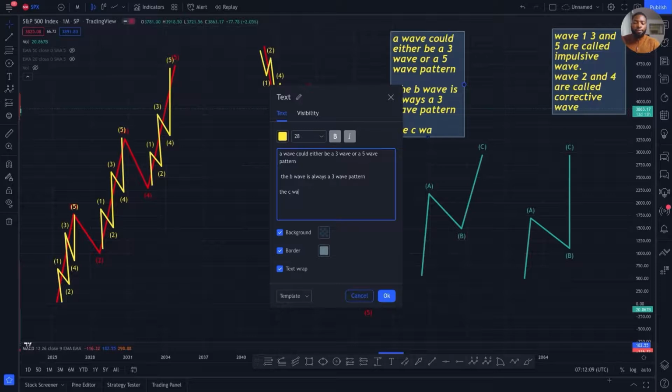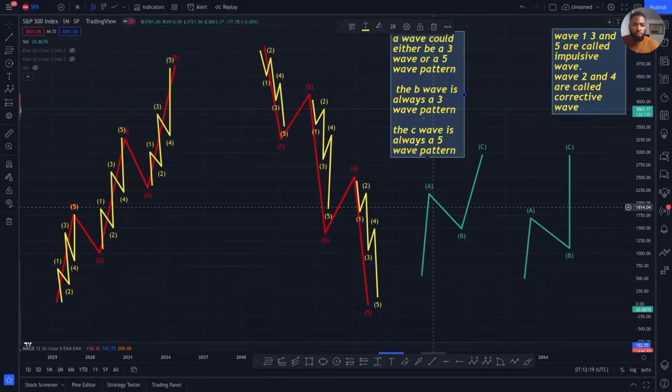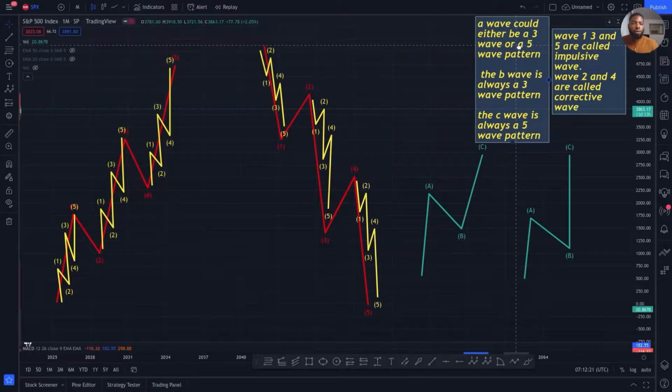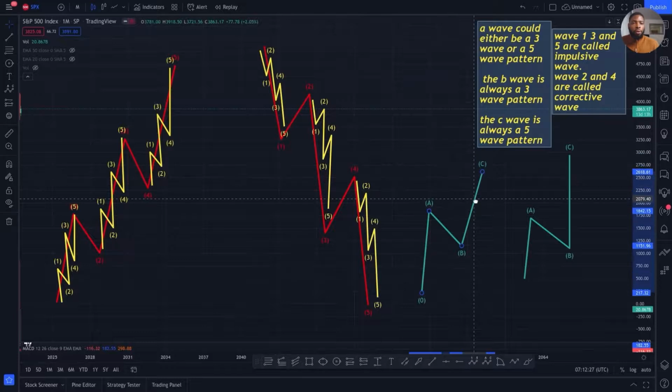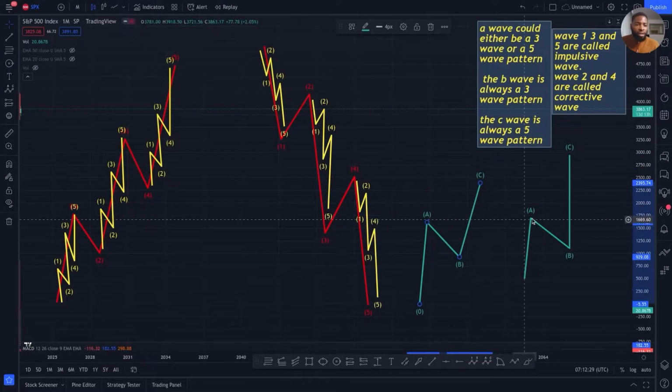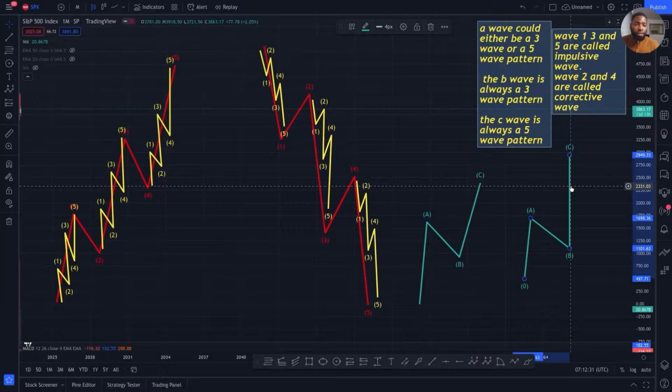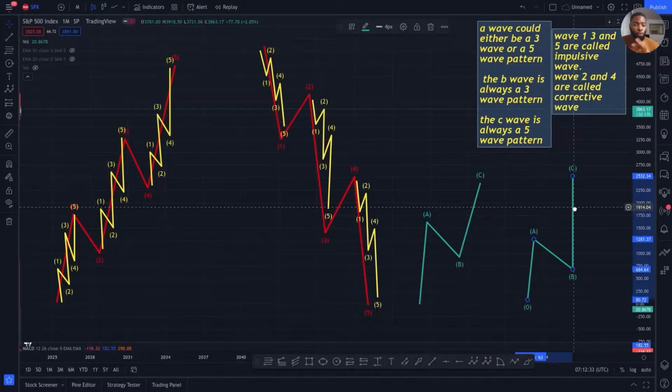The C wave is always a 5-wave pattern. So the A wave could be a 3-wave pattern or a 5-wave pattern. The B wave is always a 3-wave pattern. It doesn't change. The C wave is always a 5-wave pattern. Get it?